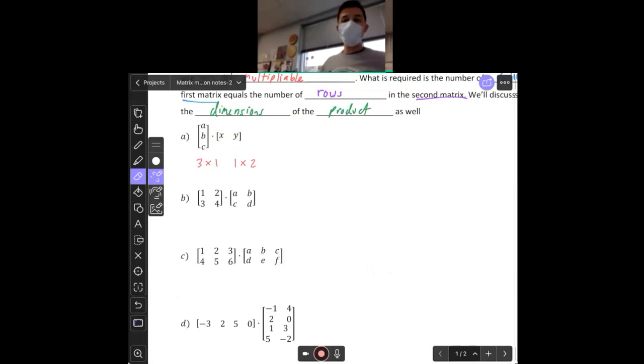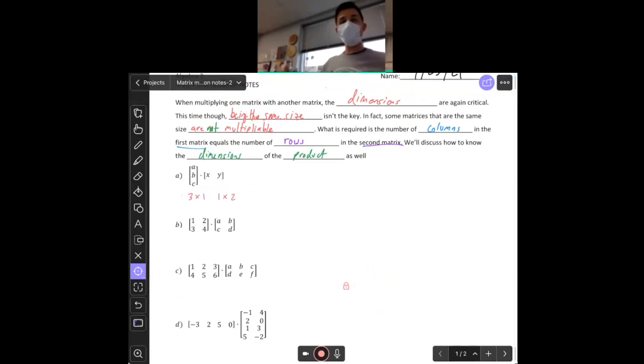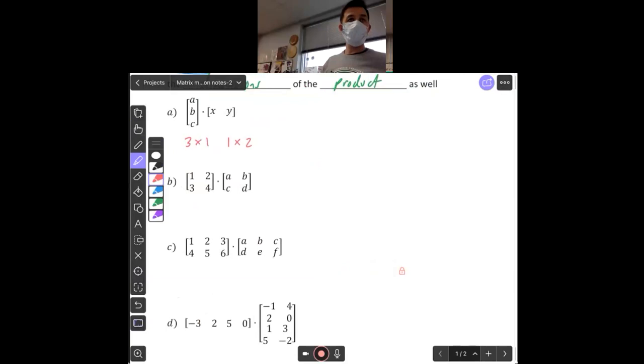So in order to be multipliable, the number of columns in the first matrix has to be equal to the number of rows in the second matrix. So the second number here has to be the same as the first number here. What's nice about writing them like this is that you just look at the middle 2 numbers. Those have to be equal. If they are, that means we can do the problem.